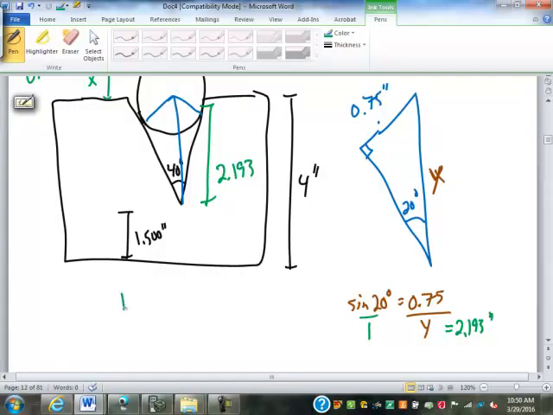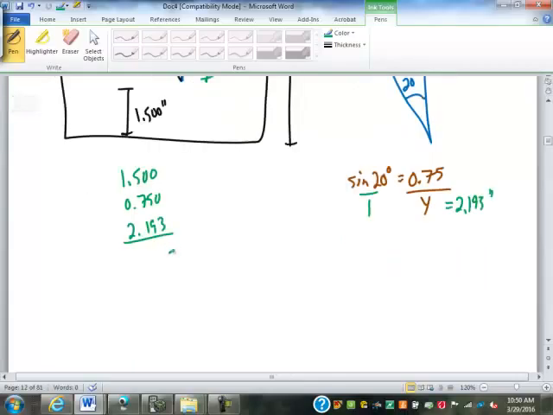So this is 2.193. We have 1.5 plus 0.75, because that's the radius from here up, plus 2.193 gives us 3.443.